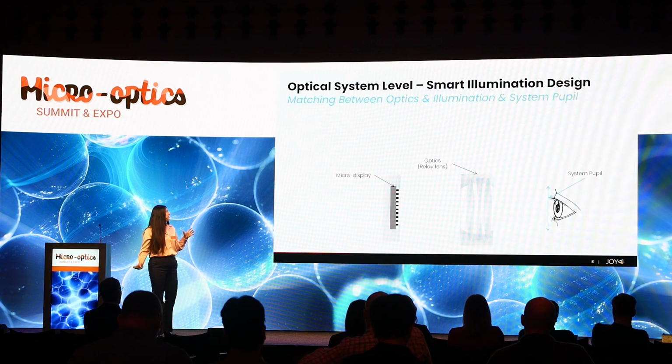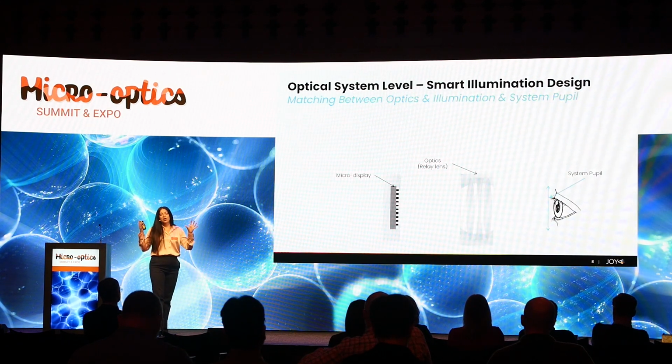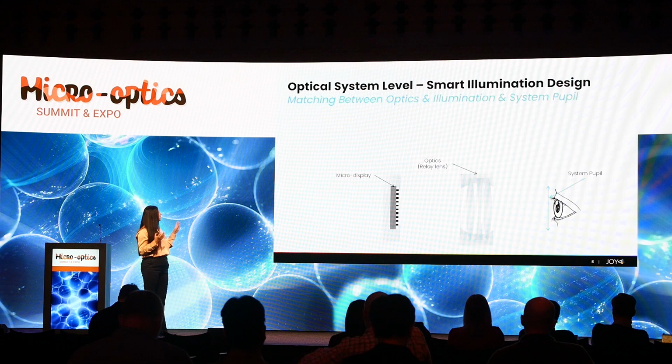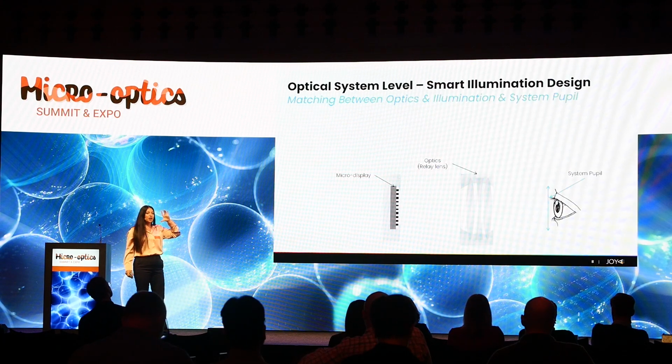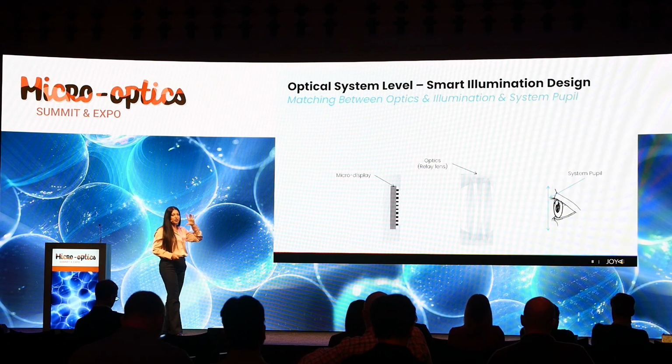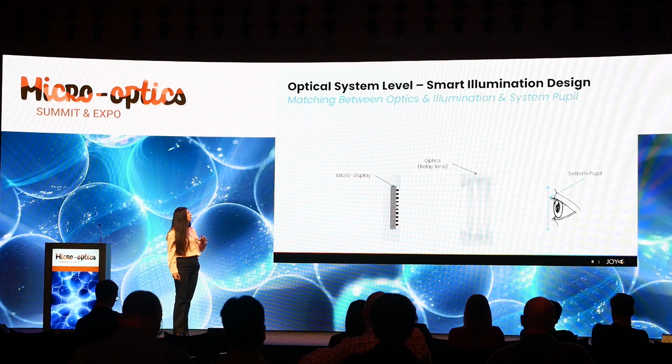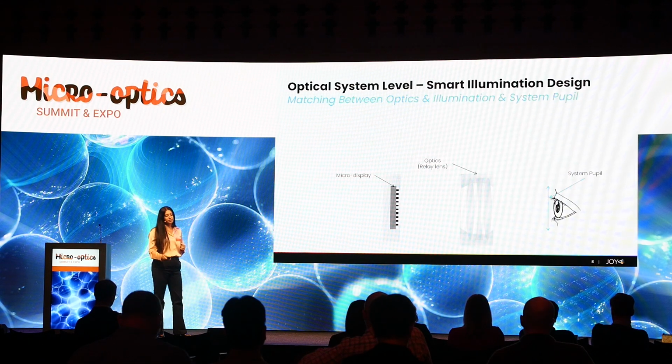So I'm going to step back and talk about an AR system or XR system. They regularly have three main blocks: the micro display, the optics, and the system pupil, which is the area where the user's eyes can be located to get the full performance of the system.